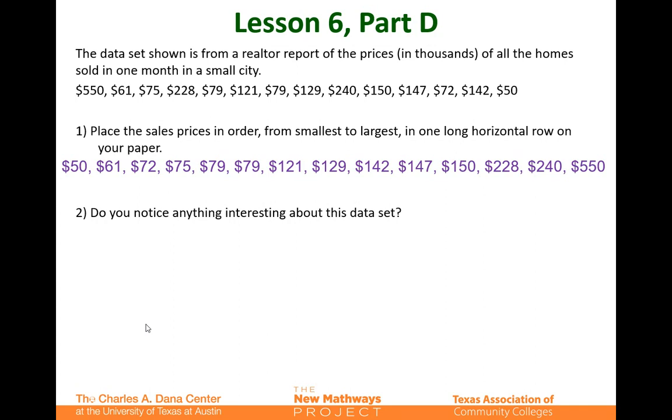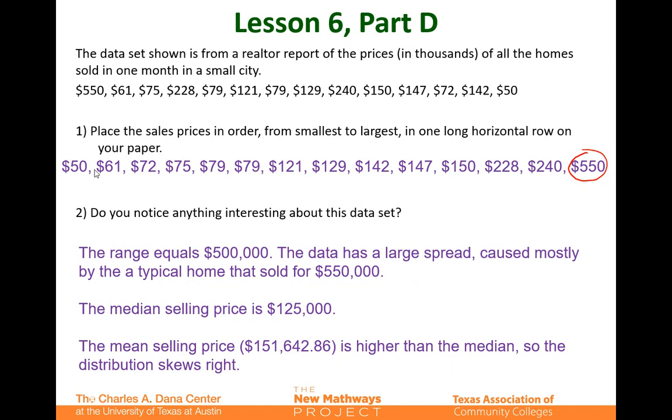I think the one thing that I notice, if we come over here, this house at $550,000 is more than twice as expensive as any other house. It's 11 times more expensive than this $50,000 house. So it kind of stands out.